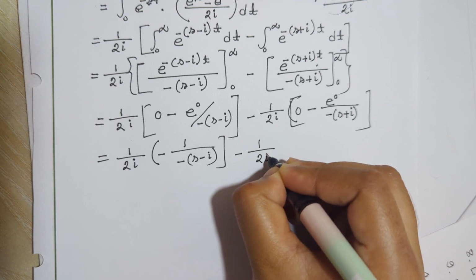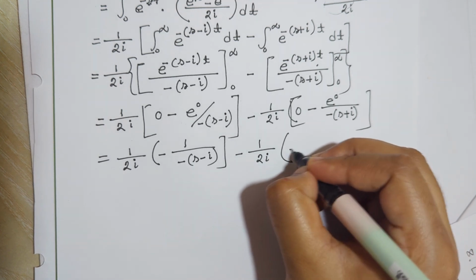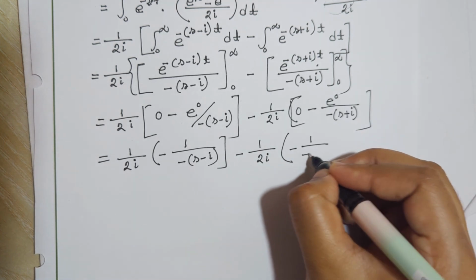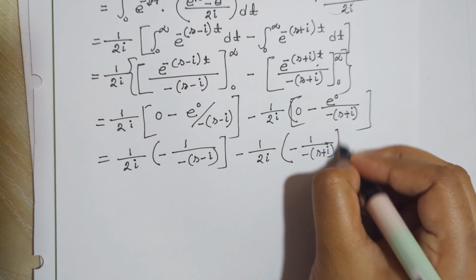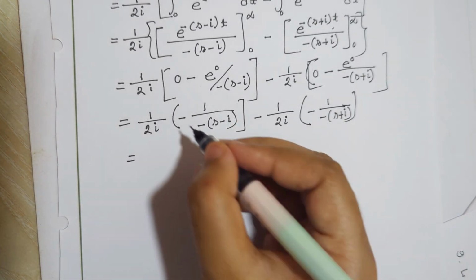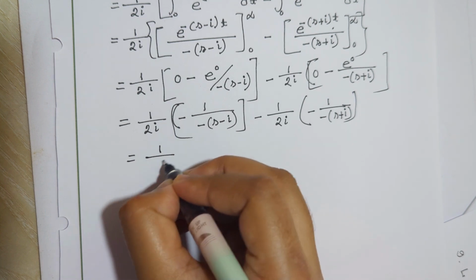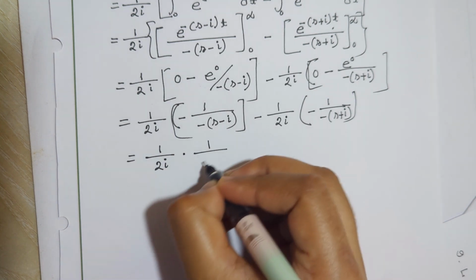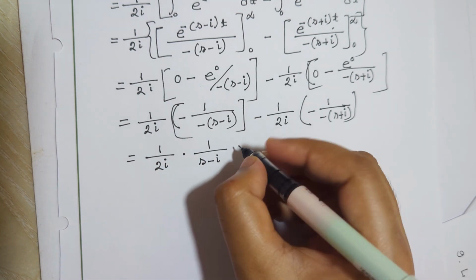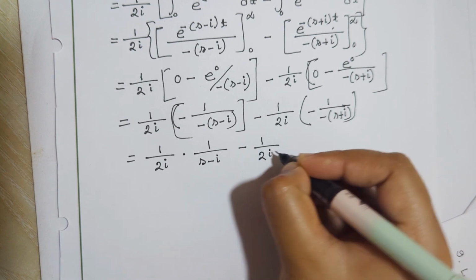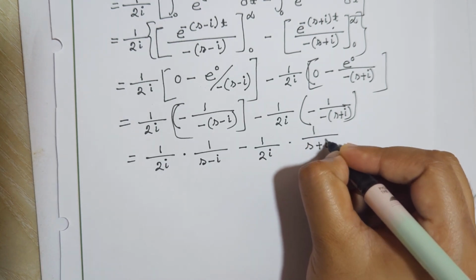Minus 1 divided by 2i into minus e to the power 0, which means 1, divided by minus s plus i. So if we remove the brackets, we will get 1 divided by 2i into 1 divided by s minus i, minus minus plus, and here 1 divided by 2i into 1 divided by s plus i.